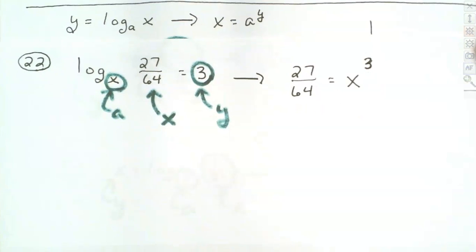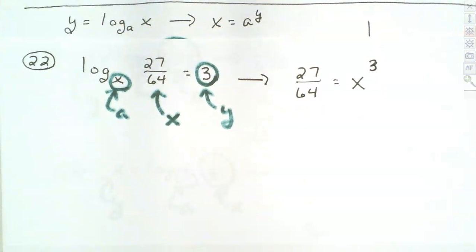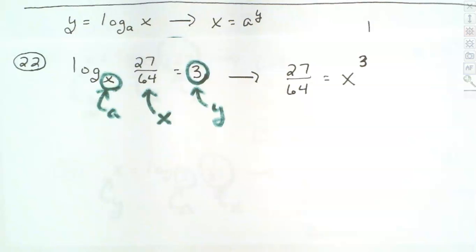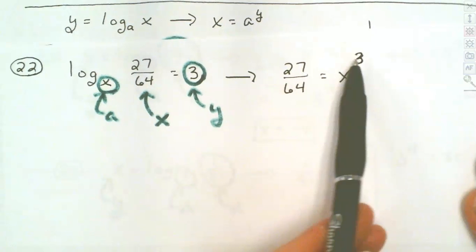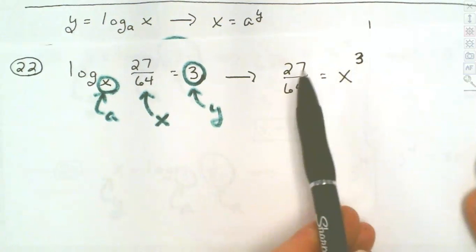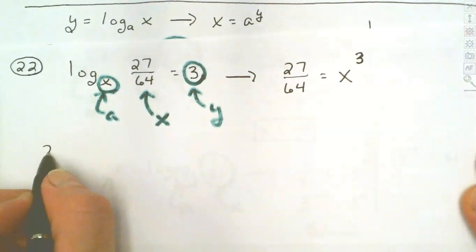Now we can solve it out. Okay, this one's a little bit different because we want to make sure that the exponents are the same. If the exponents are the same, then the bases must be the same. So we need to rewrite this as a cube. What do we know about 27?